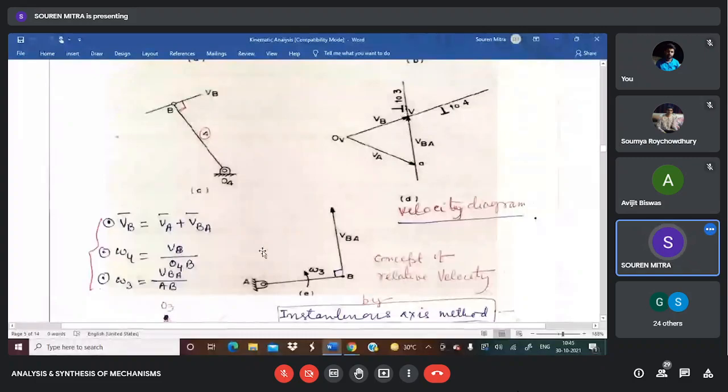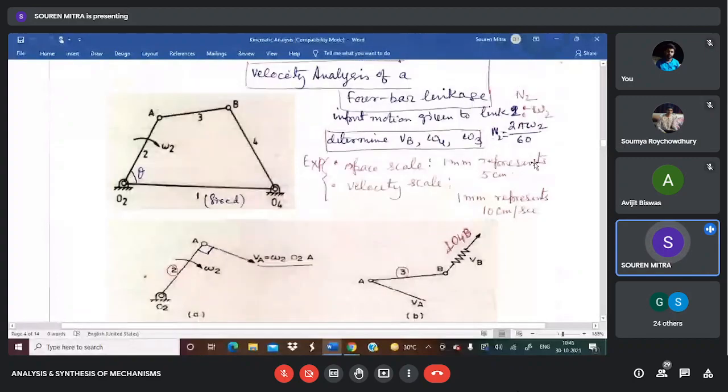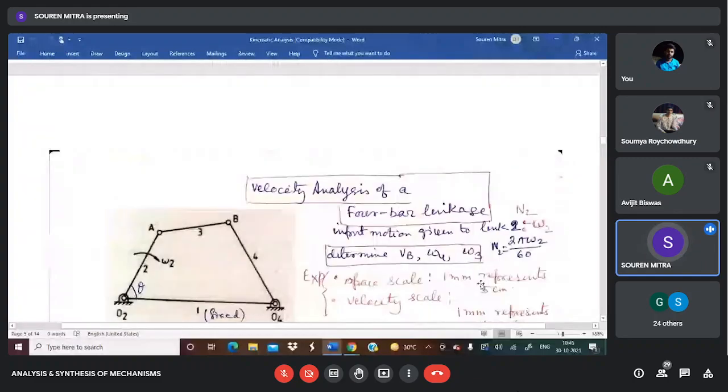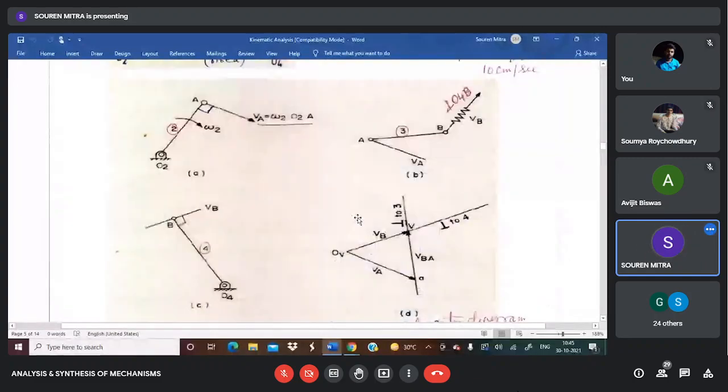So this is how the analysis can be made complete. Our task was to determine these factors, VB, omega 4, omega 3, and this is how we do it using the relative velocity method. For your convenience, this is shown separately, but you actually do not need to draw them separately. Only draw the mechanism to scale, and then the velocity polygon is enough.